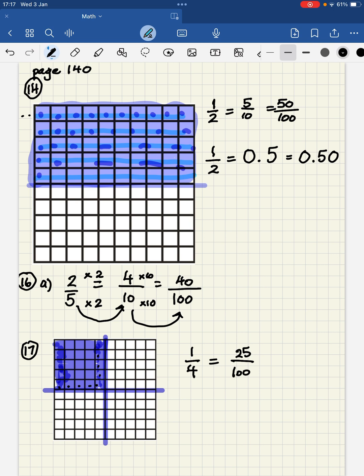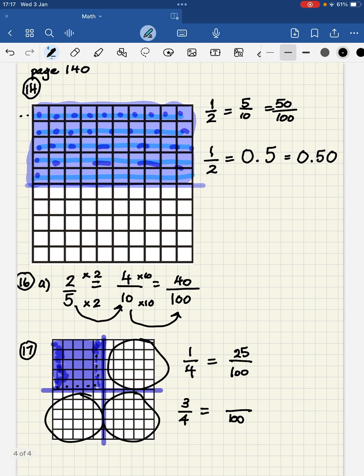How would we write our fraction for 3/4? Well, we'd have to figure out what this section and this section's worth to find out what the numerator is.